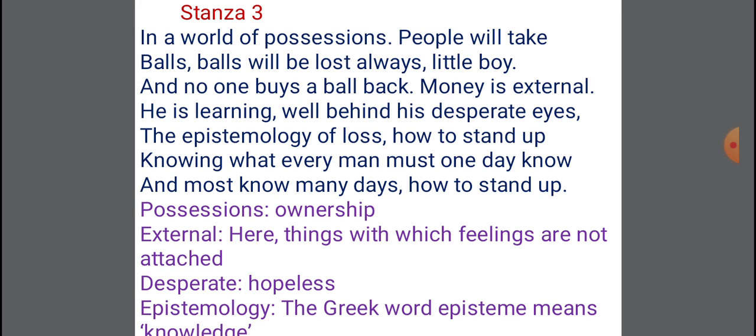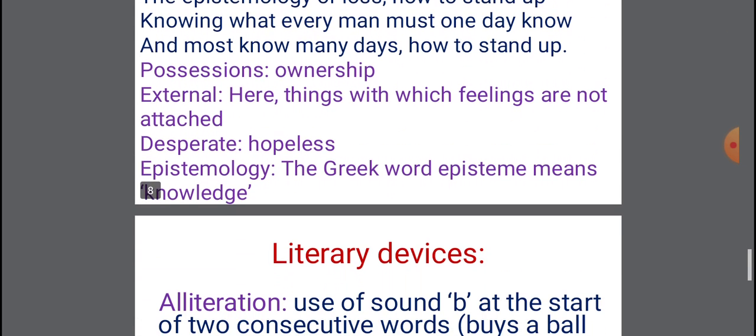The harsh truth of standing up against the old miseries of life that everyone has to bear means everyone has to lose something, so one has to stand up to bear that loss and come out of fear and sadness in that particular situation. So this was there in this poem.